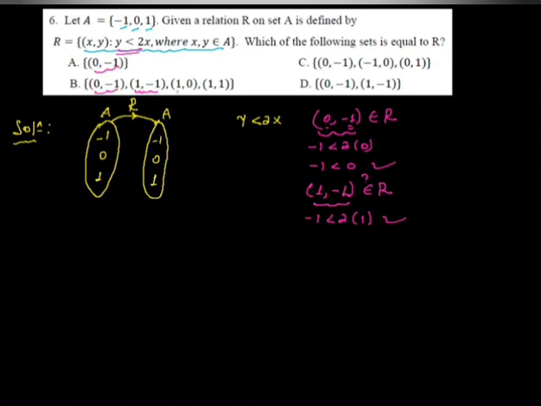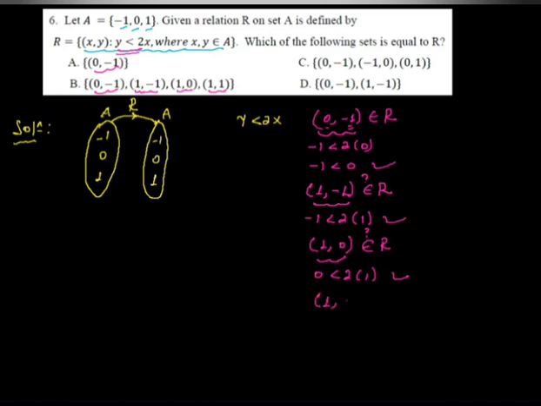Let's check (1, 0). Is (1, 0) a member of R or not? So 0, or y, is less than 2 times 1. This is true. Still this is also a member. Okay, let's check (1, 1).